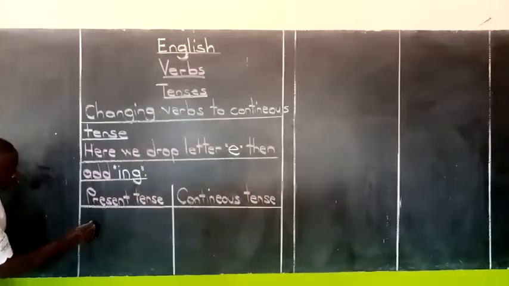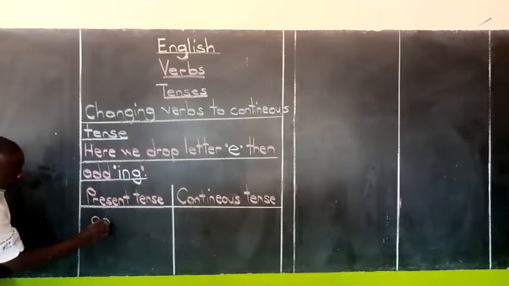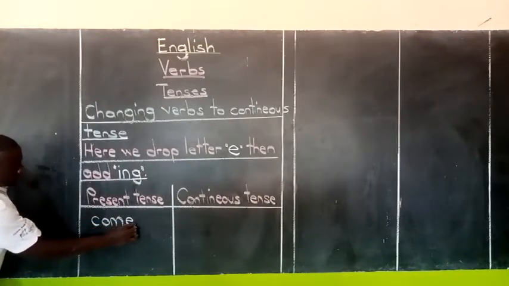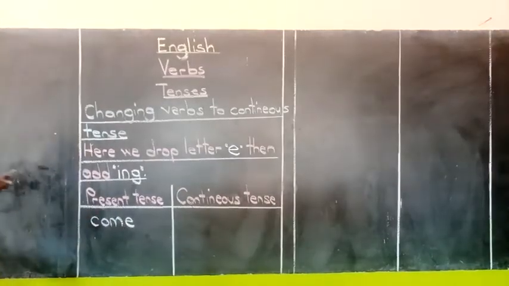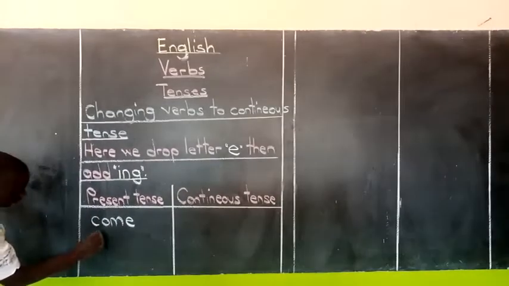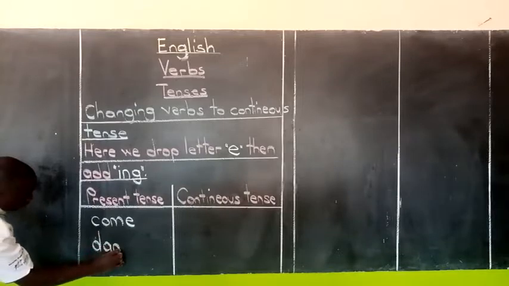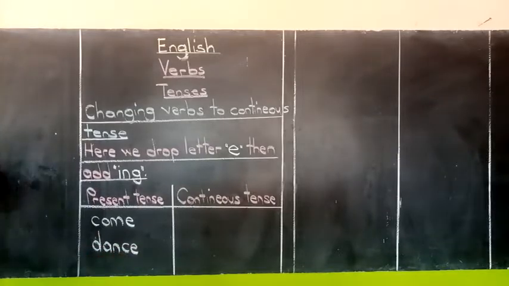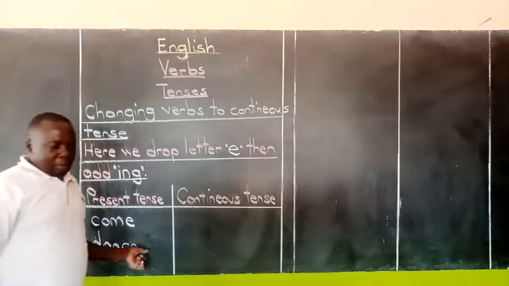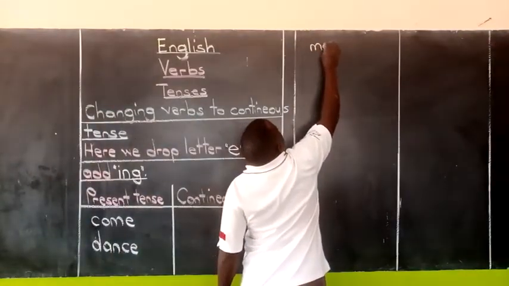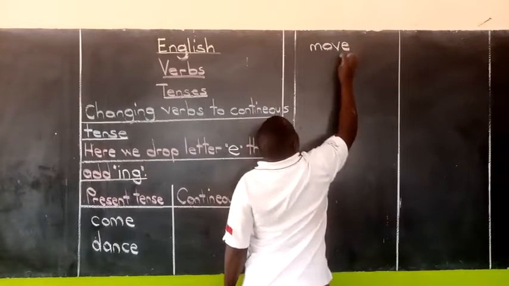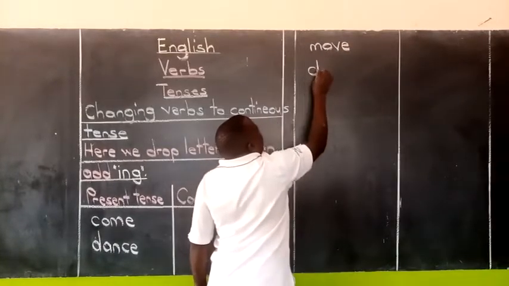The first one will be come. We have come. It ends with letter E. We have dance. We have move. We have change.